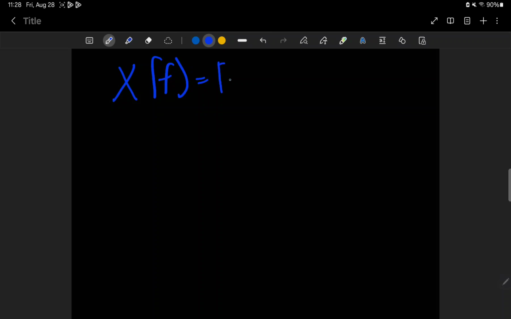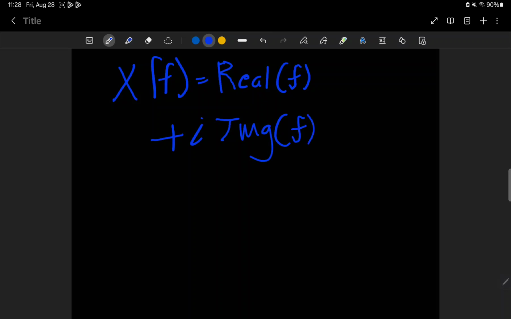So it's the real part of f(x) plus i times the imaginary part of f(x). And the question is, why do I have two parts? This is of course a mathematical issue, but it also matters here.